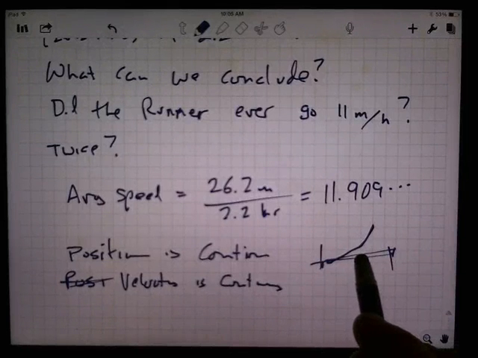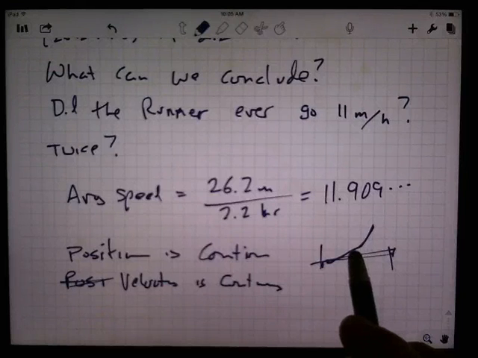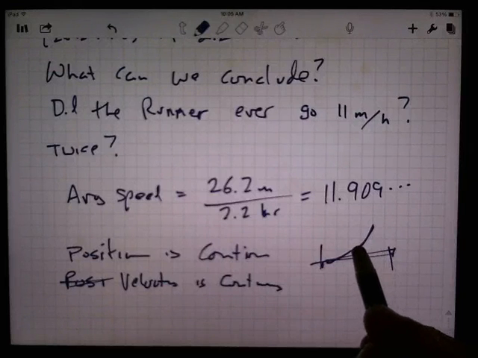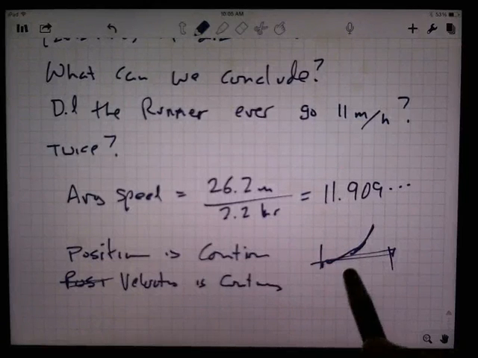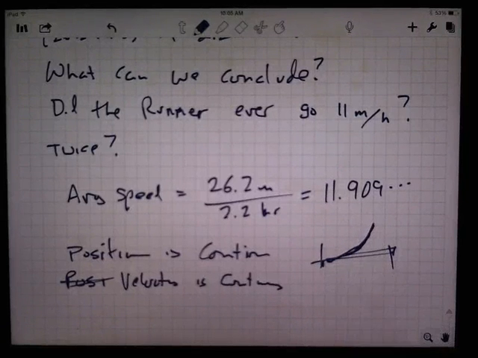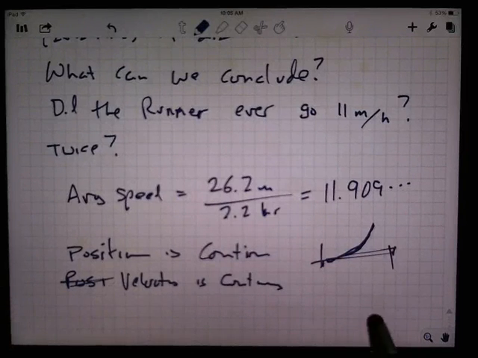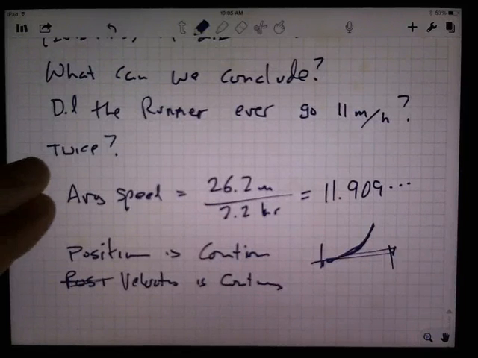So when the runner speeds up or slows down, it does it maybe quickly, but still not instantaneously, and there'll be a smooth curve at every point when we're looking at the position function. Okay, so the position function is continuous, it's differentiable, it satisfies the conditions of the mean value theorem.